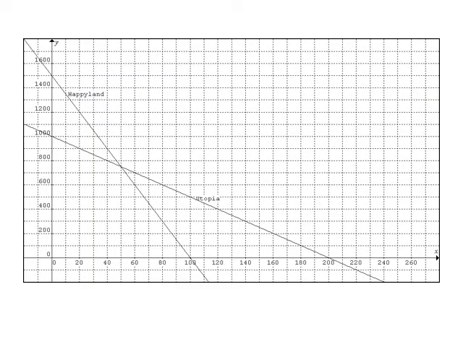So if we look again at the graphs of the production possibility frontier, where they can produce and consume anywhere along this line, we would have Happy Land producing and consuming here, and we would have Utopia producing and consuming there.